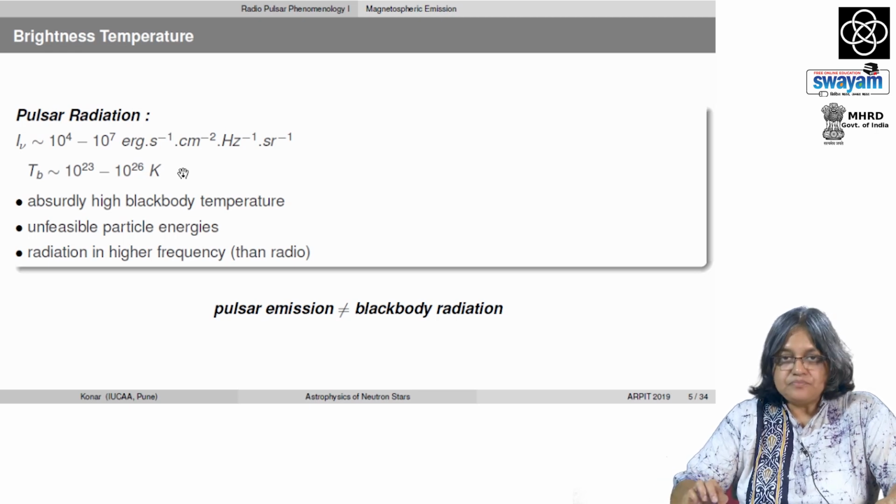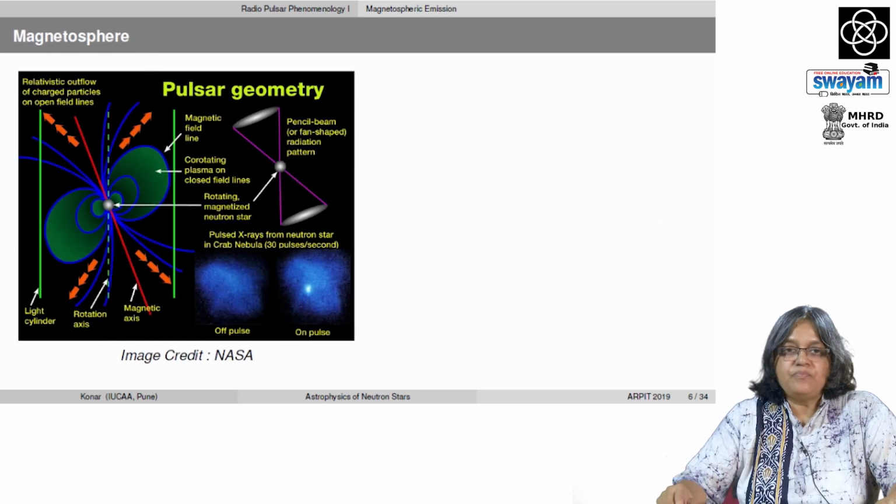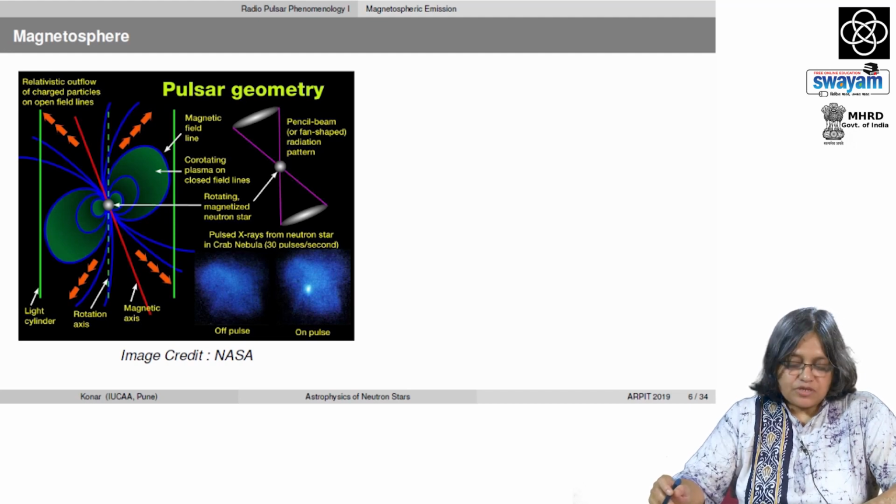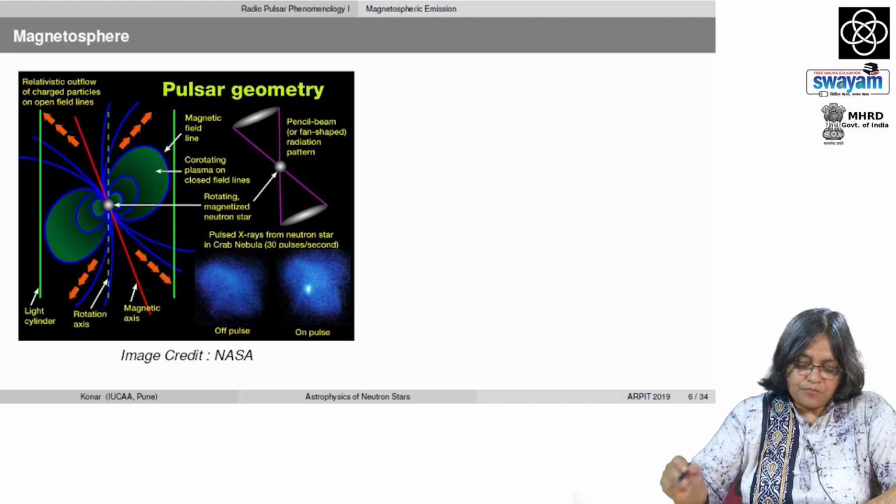As we have seen in the previous module, the radiation actually comes because of the presence of extremely strong magnetic field, and this has been explained in the previous module how this radiation comes about.